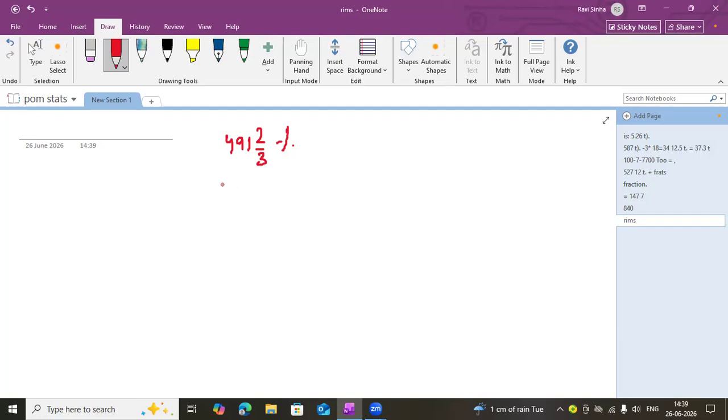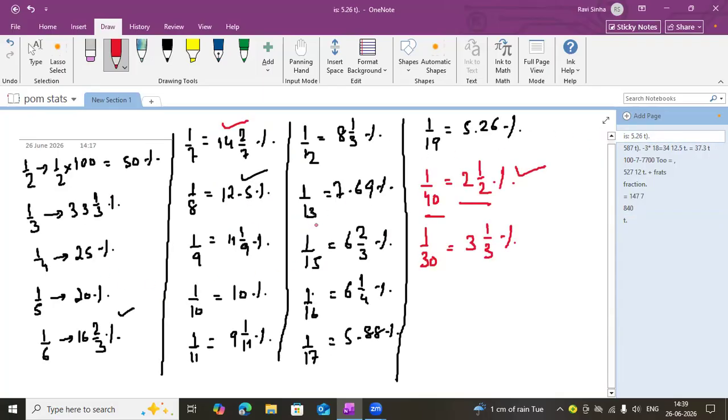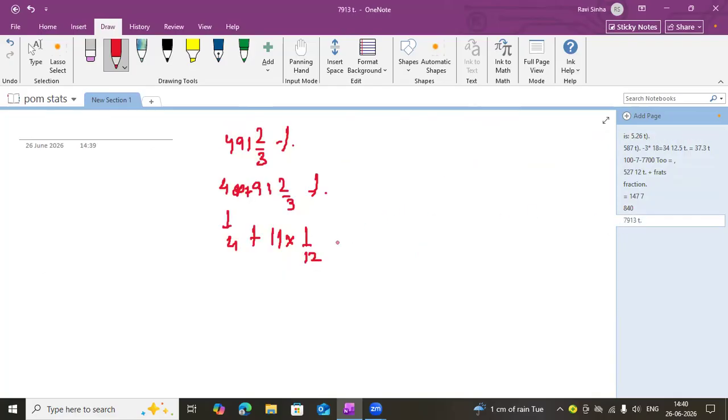This can be written as 400 plus 91 2 by 3%. 400 is 4 and 91 2 by 3%, if you solve it, is 11 into 1 by 12. 1 by 12 is 8 1 by 3%.